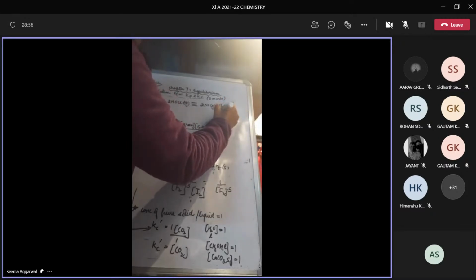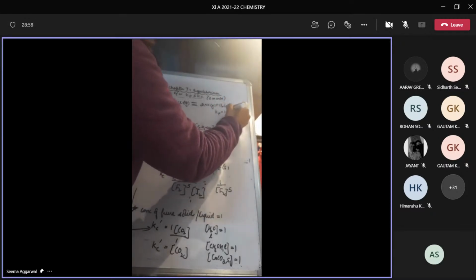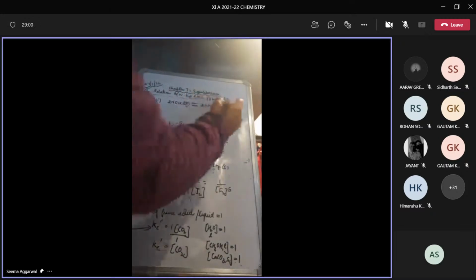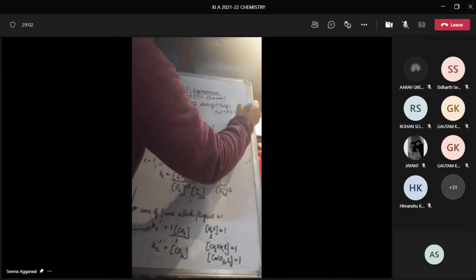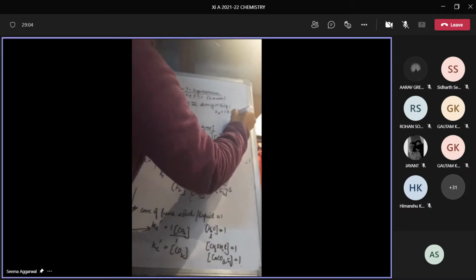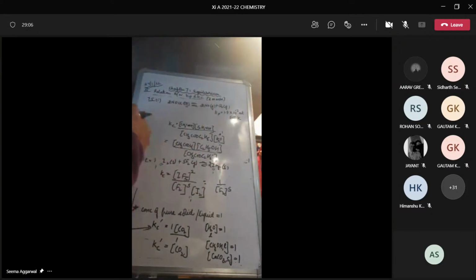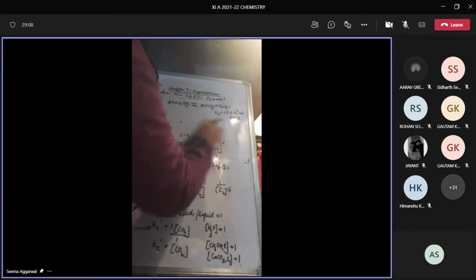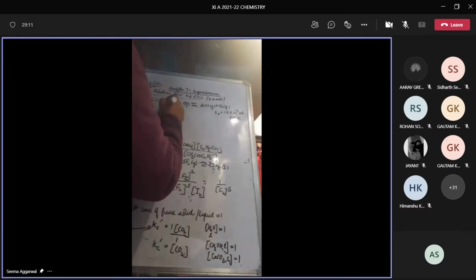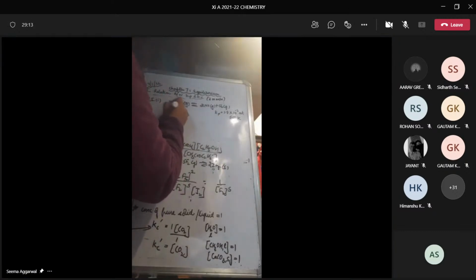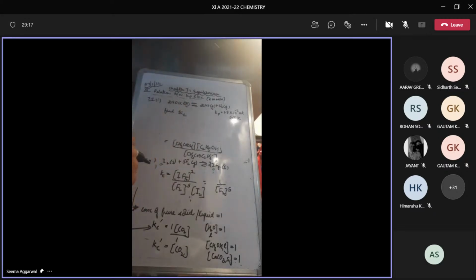And for this, Kp is equal to 1.8 into 10 की power minus 2 at 500 Kelvin. This is Kp, and my question is find Kc.